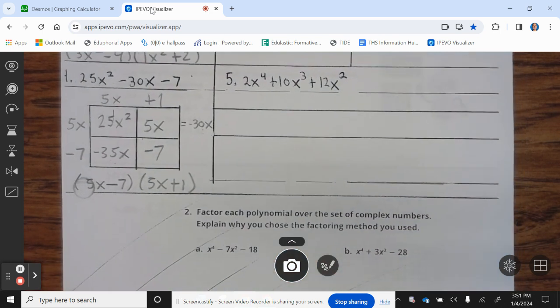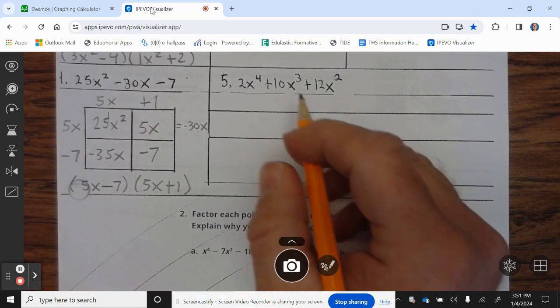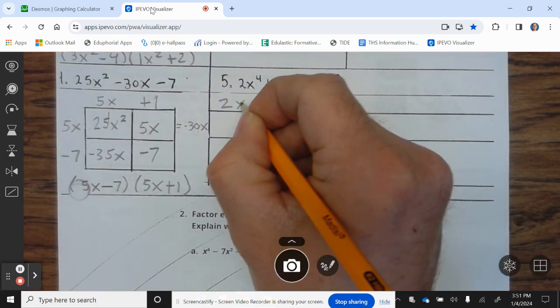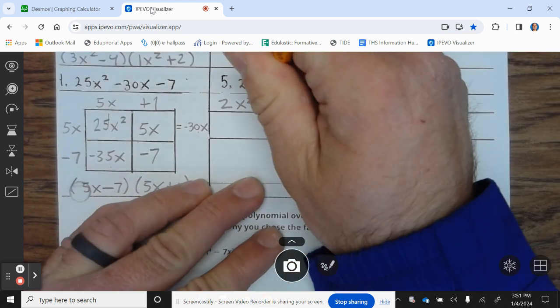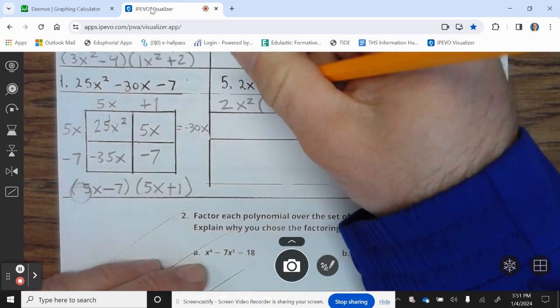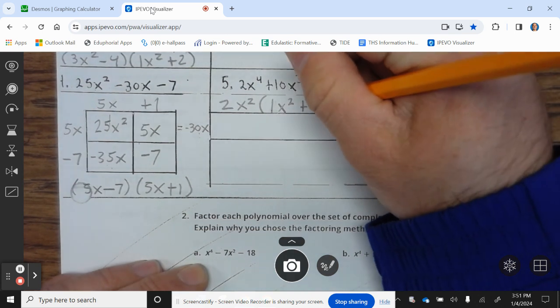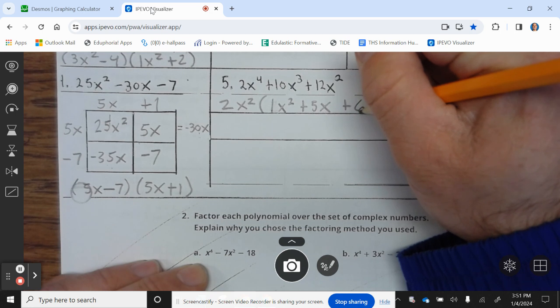All right, number 5. So we can actually factor out a 2x squared from all the terms, which leaves 1x squared plus 5x plus 6.